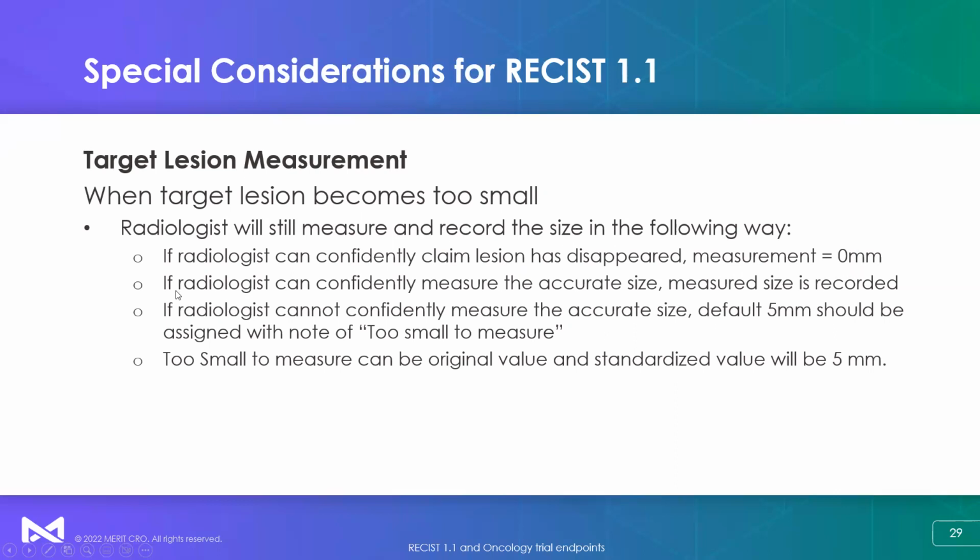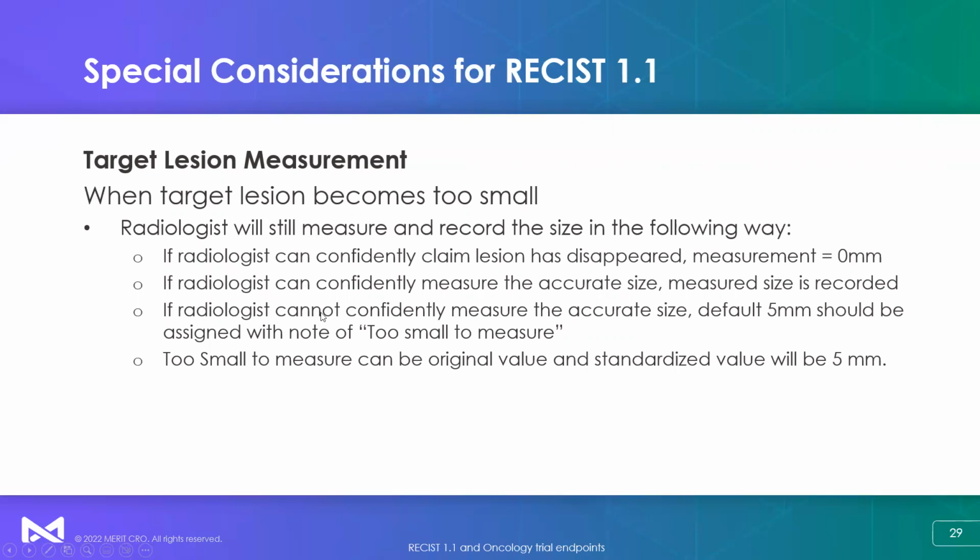If the lesion is there and the reader can confidently measure the accurate size, even though the lesions are really small, the number should be recorded and then used to calculate the sum of diameters, whether it's 2 millimeters or 3 millimeters, for instance.